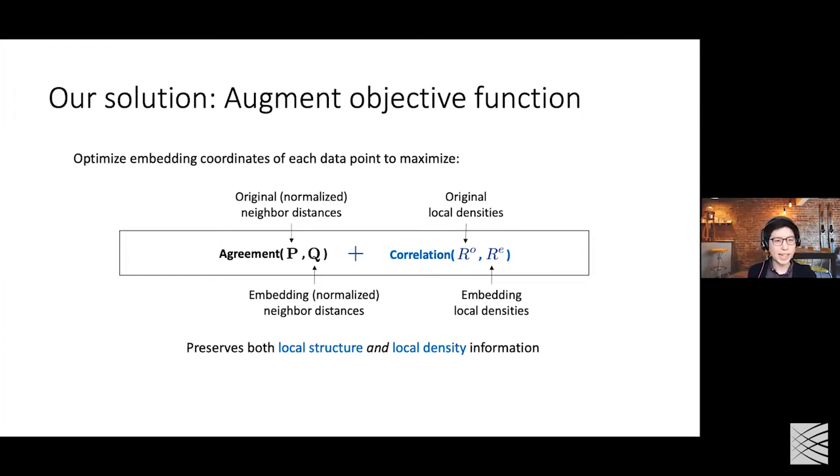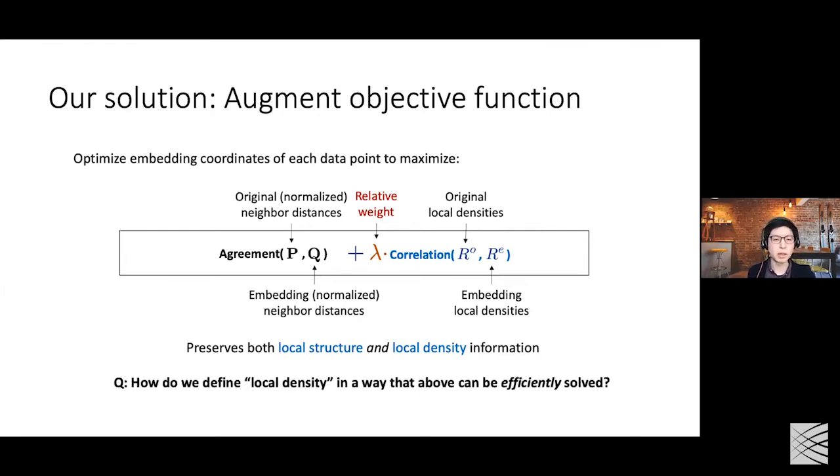Of course, we need a weighting term here, shown as lambda, which controls the relative importance between these two goals of the algorithm. Now, the key challenge for us in making this idea really work in practice was to design a good notion of local density that can be efficiently optimized in conjunction with the existing objective term.